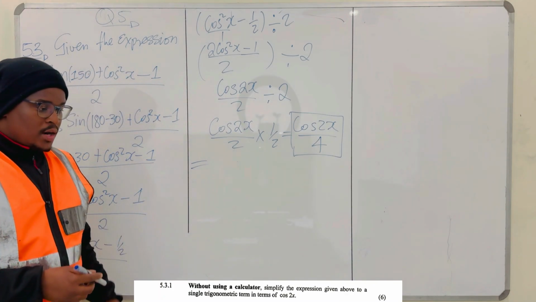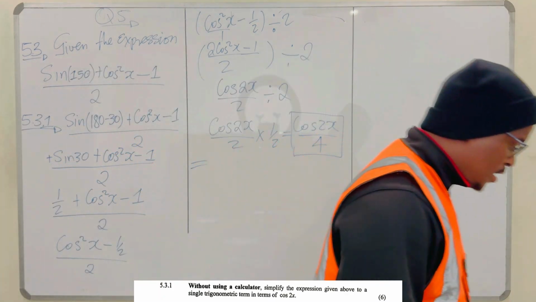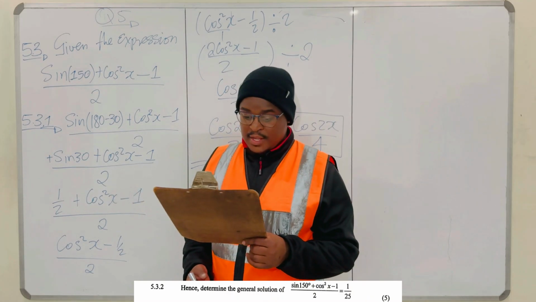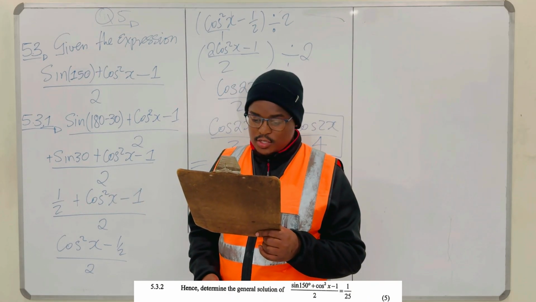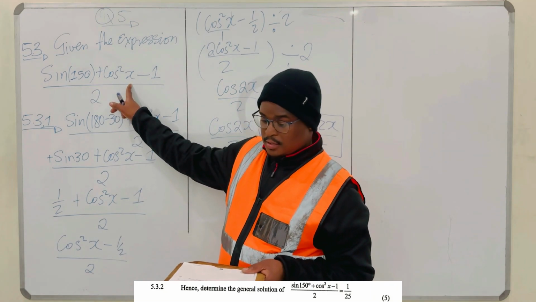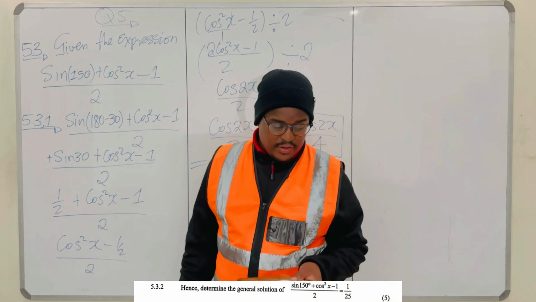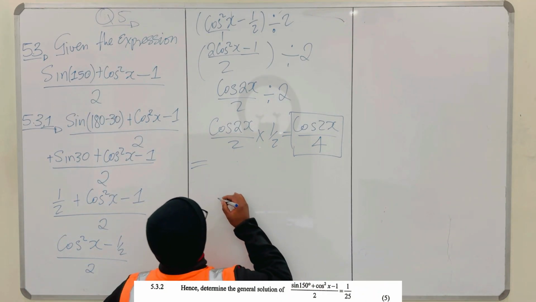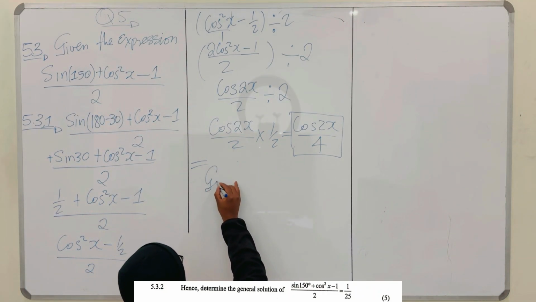We go to the last one, which is 5.3.2. They are saying now, hence determine the general solution of this thing, right, is equal to 1 over 25. So they want us to find the general solution.